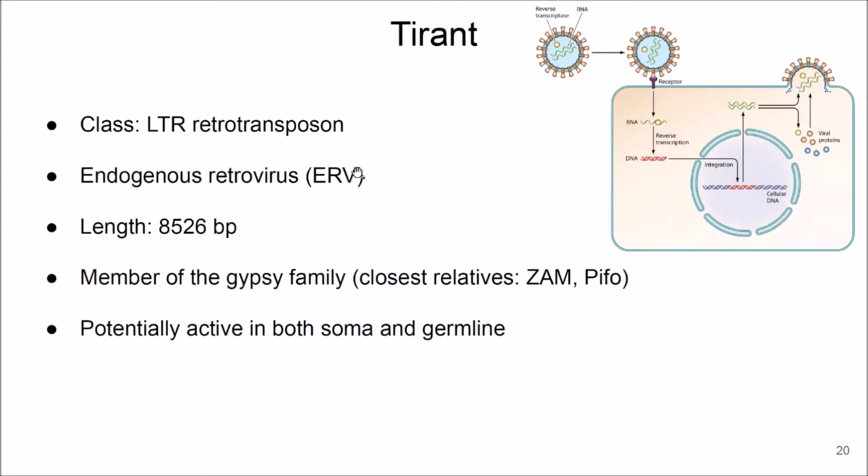And Tirant is even, some people think that it has potential to be an endogenous retrovirus. It has a rather long sequence, over 8 kb, and it's a member of the gypsy family of LTR retrotransposons. And it's not entirely clear if the activity patterns are restricted to soma or germline, respectively.